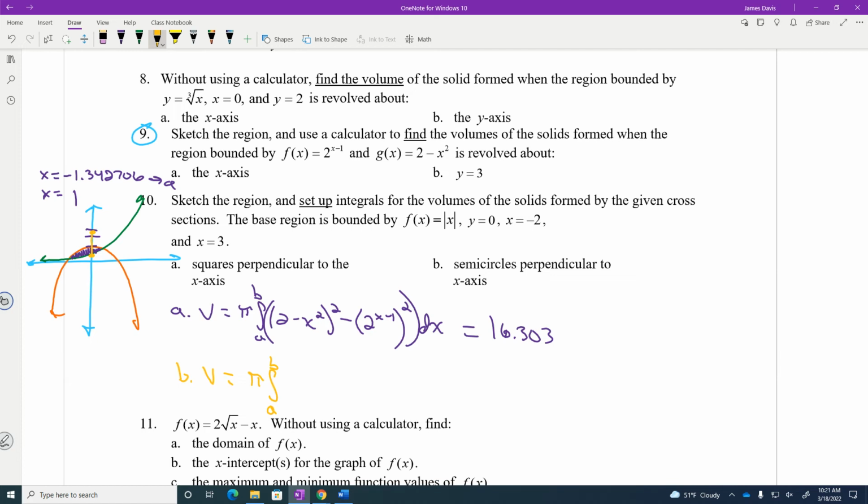So 3 minus x minus 1 squared, minus 3 minus 2 squared.